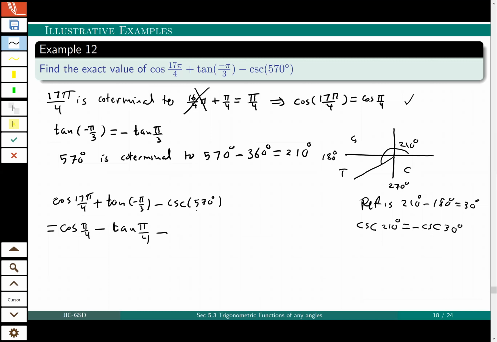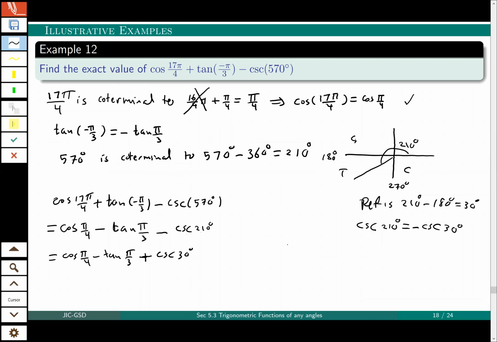Now, minus cosecant, we said it's coterminal first to 210. Then we said cosecant 210 is negative of cosecant 30, so negative of negative will be plus cosecant 30 degrees.